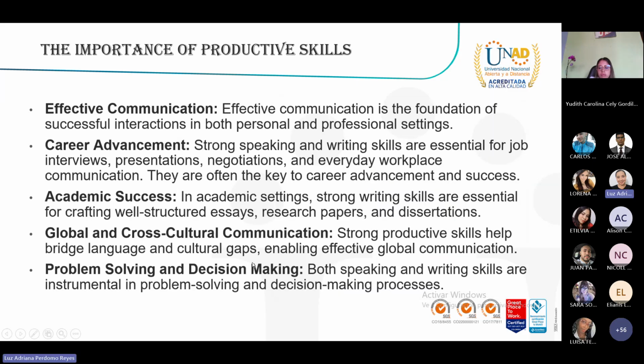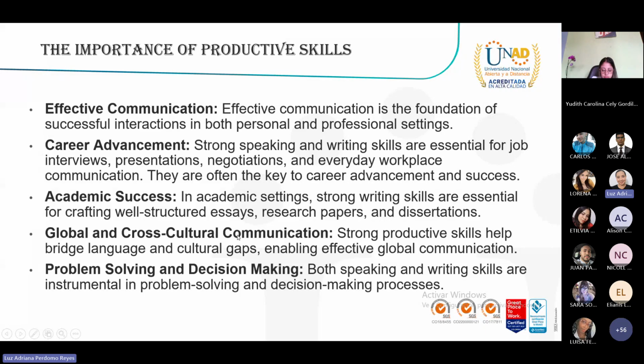Here we have the importance of productive skills. Effective communication, because it's the foundation of successful interaction in both personal and professional settings. Career advancement: strong speaking and writing skills are essential in interviews, presentations, negotiations, and everyday workplace communication.